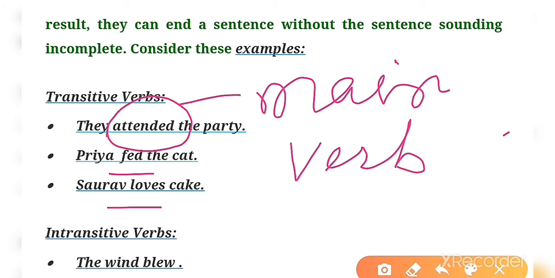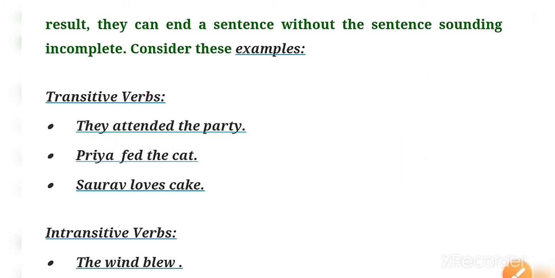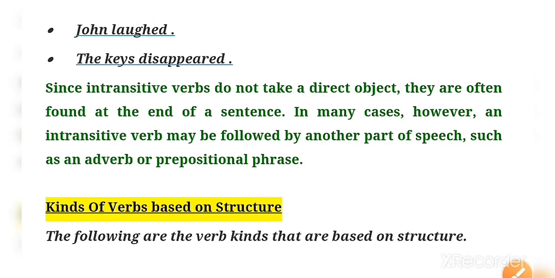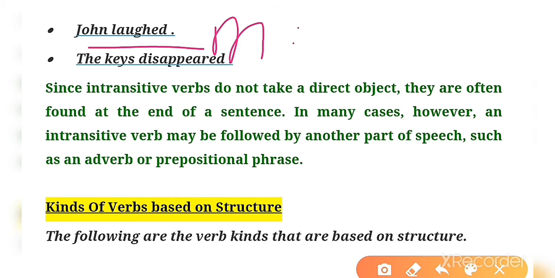Now let us see how it is used as an intransitive verb. The wind blew. Okay, so the word blew is the main verb, and without having any object, it is giving a complete sense because it is a type of intransitive verb. The next is John laughed. The word laughed is a main verb. Now, the key disappeared.